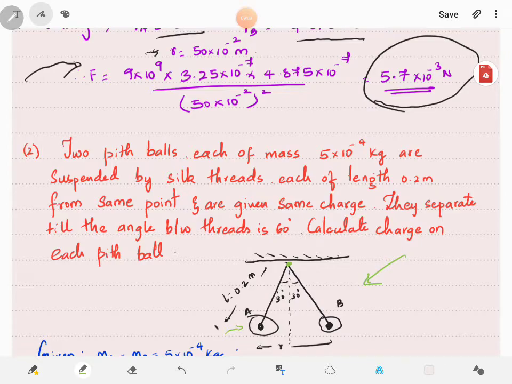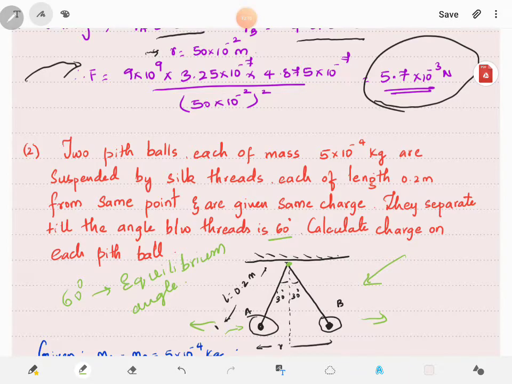They are given the same charge. Because they are given the same charge, they'll start repelling in opposite directions, and they settle down at an angle of 60 degrees. This 60-degree angle is said to be what angle? This is an equilibrium angle.